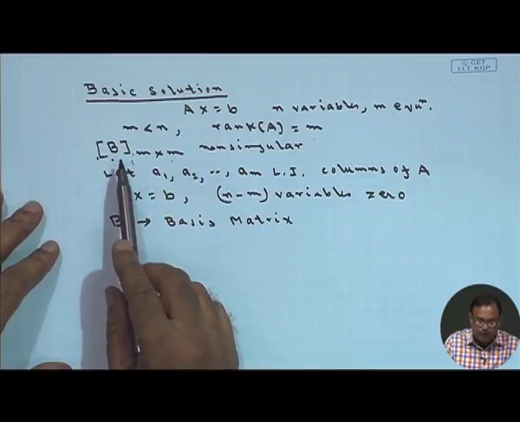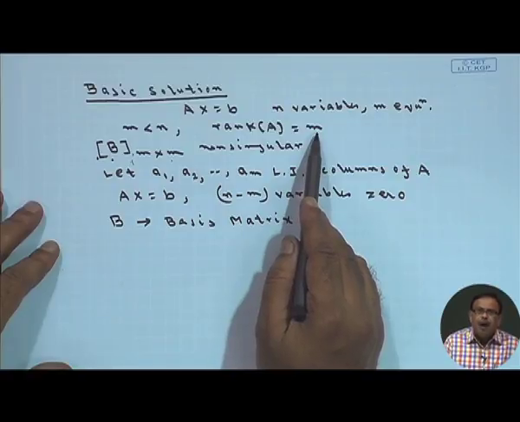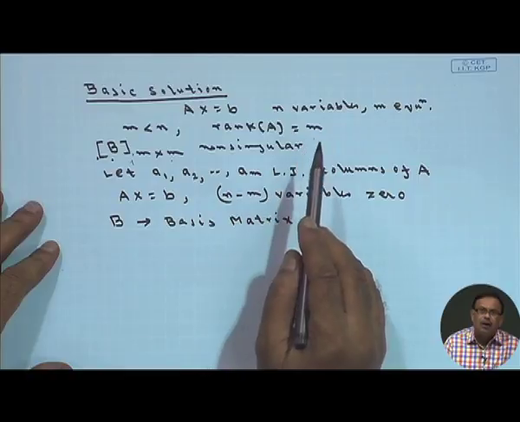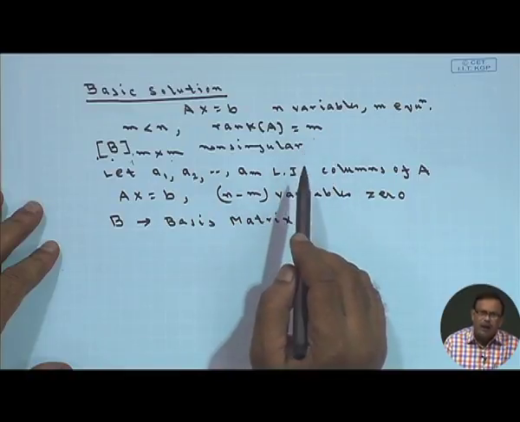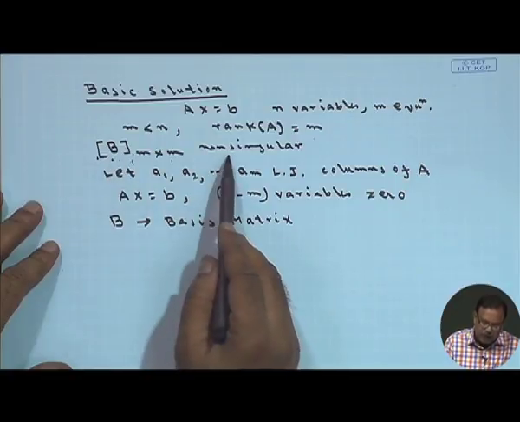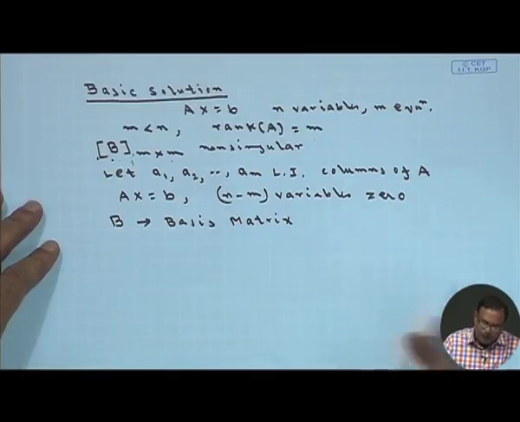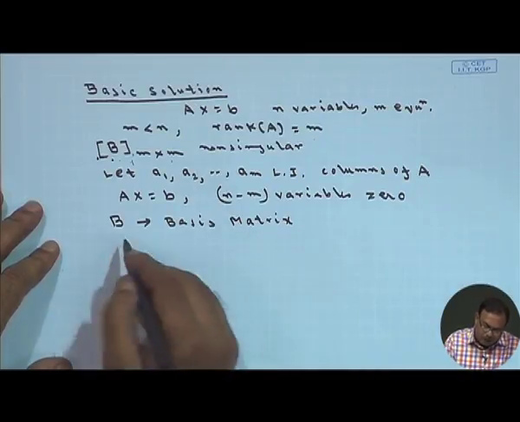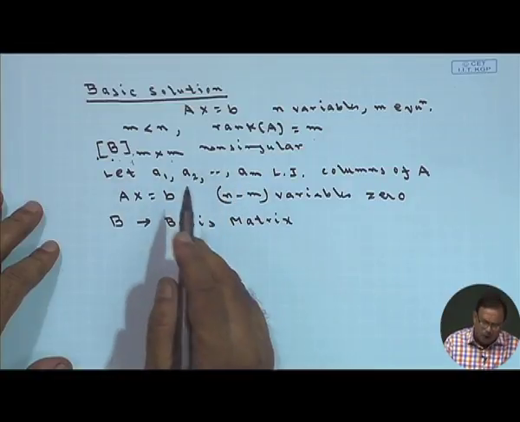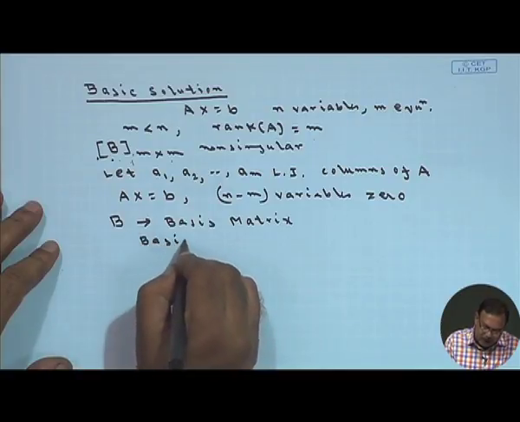Please note how we are forming it: since the rank of A is m, I must get m linearly independent column vectors, and using those I form one matrix B, which will automatically be non-singular. This is known as the basis matrix.